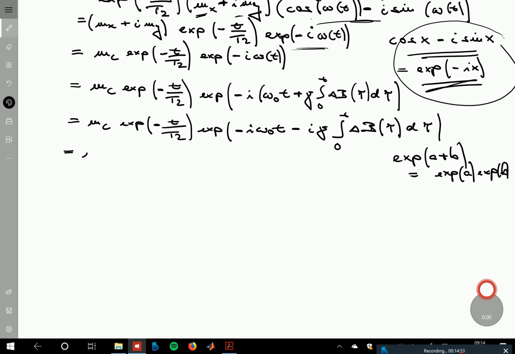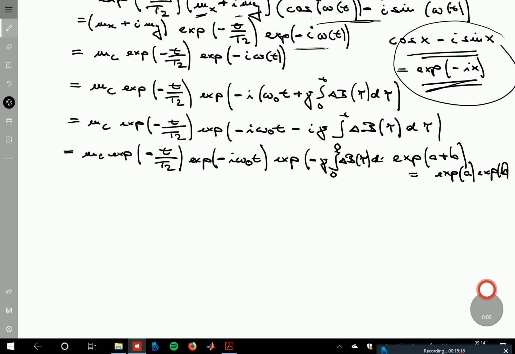And then we get mc x minus t over T2 times x minus I omega 0 t times x minus I gamma integral from 0 to t of delta B tau d tau.